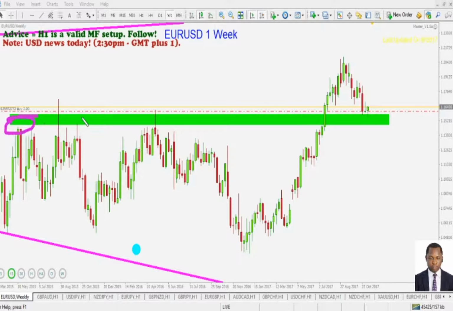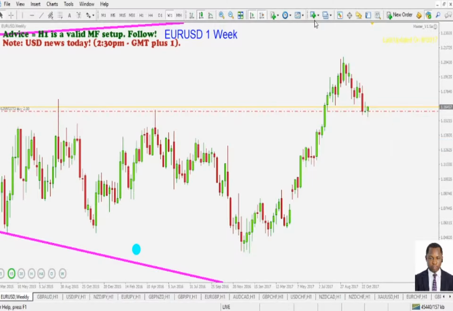I am sure you still remember that this was a former area of resistance, and now price coming back down to retest that area could act as support. We have already done that, so I wouldn't want to waste your time with this.